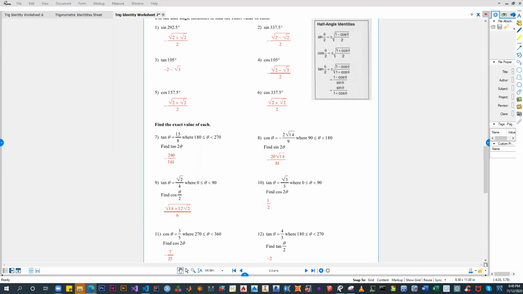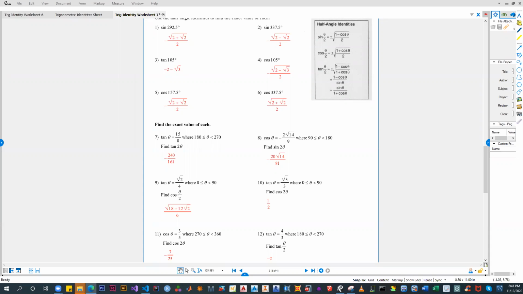Let me see if I can find the arctan. Okay. Let me just see. Exact value, because again, that's always the case. Okay, the exact form is 15 over 17.